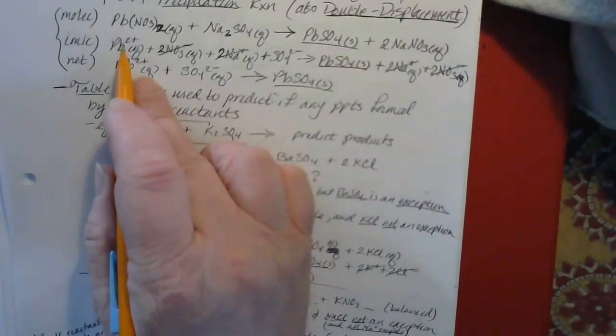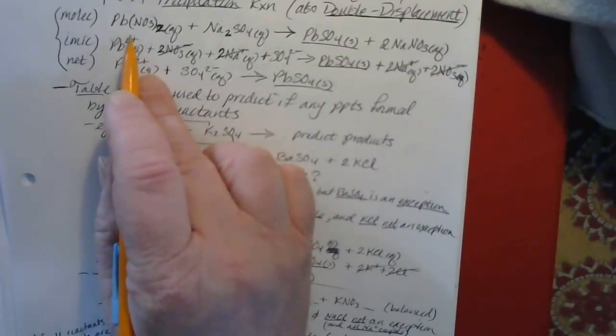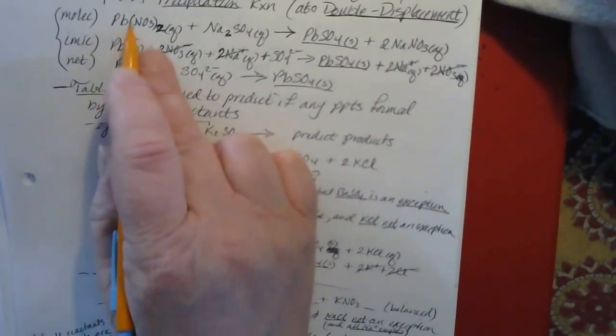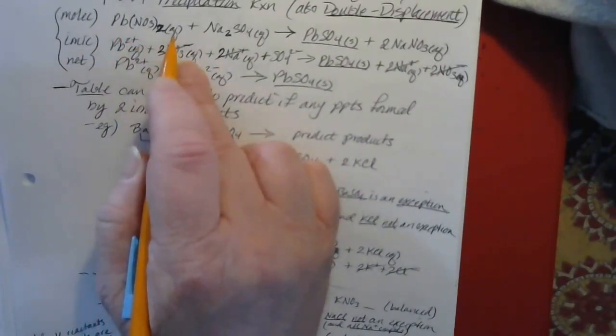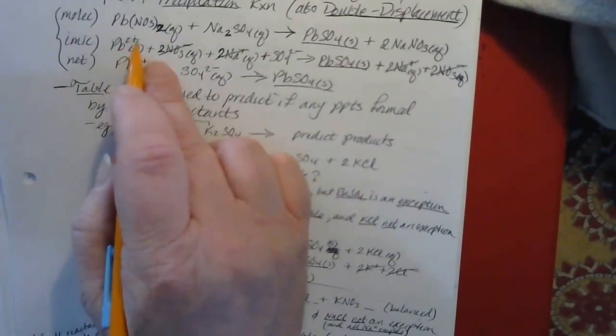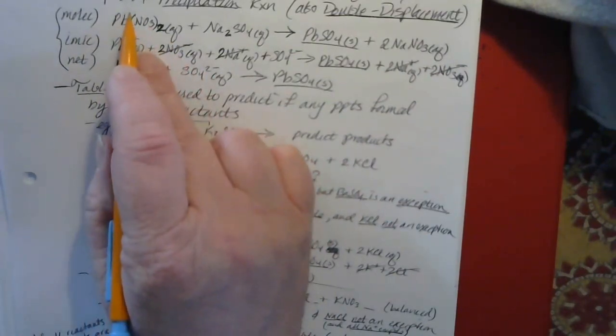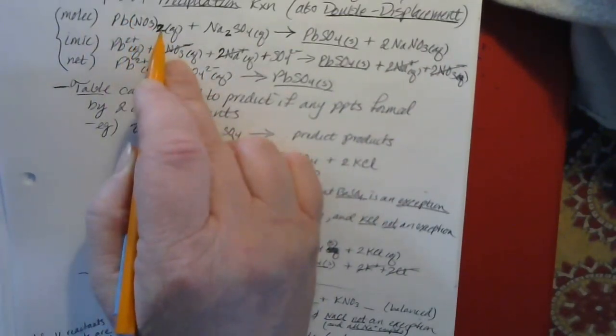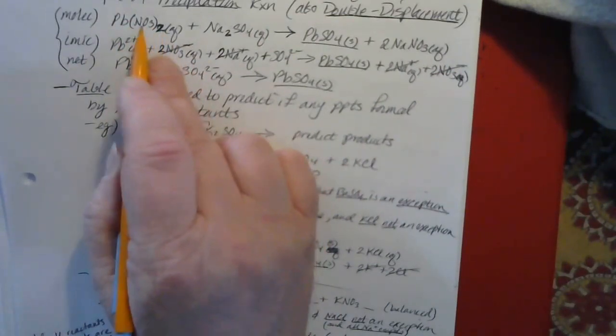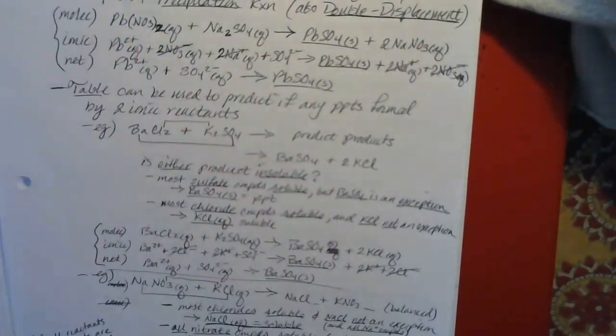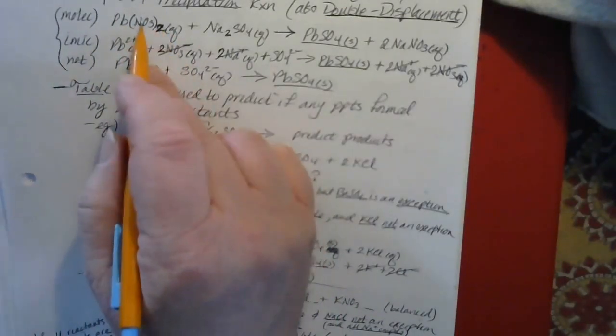And so we can look at the ionic equation, where we have lead nitrate being a soluble ionic compound. You'll get lead ions from it. The lead ions have a charge of +2 because it took 2 NO3 minus ions to cancel out the charge on the lead ions, so they must be +2. And you get 2 NO3 minus ions.